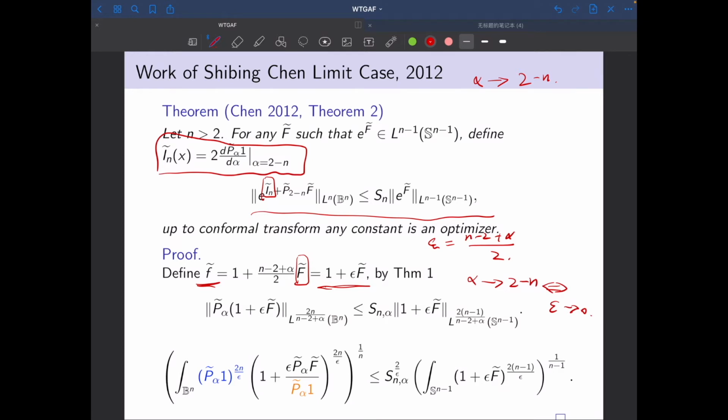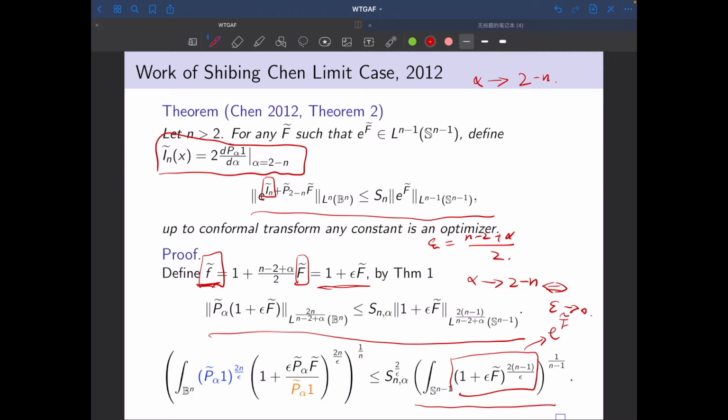And we can consider, he plugged in the lowercase f theta into the previous equation, and this is what he got after plugging in. And when he took the limit of epsilon goes to 0, if we just look at the right hand side, you can see that this part will go to something like exponential of f theta with a constant in front of f theta that becomes the n minus 1 norm over here.